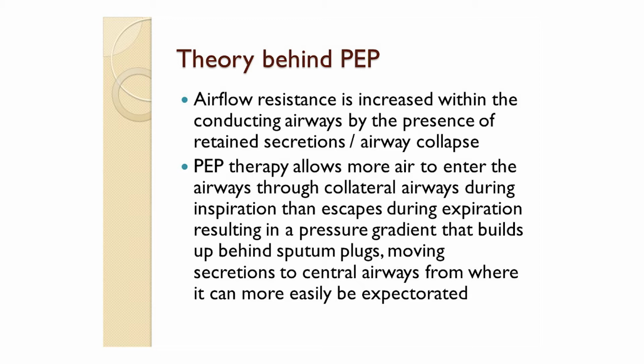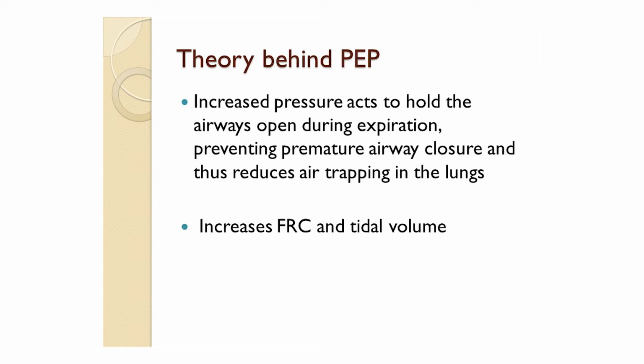This results in a pressure gradient that builds up behind sputum plugs, moving secretions to central airways, from where they can be more easily moved with some of the other techniques. Increased pressure acts to hold the airways open during expiration, preventing premature airway closure and thus reducing air trapping in the lungs. And it increases functional residual capacity and tidal volume.